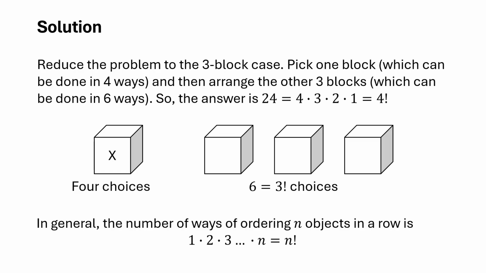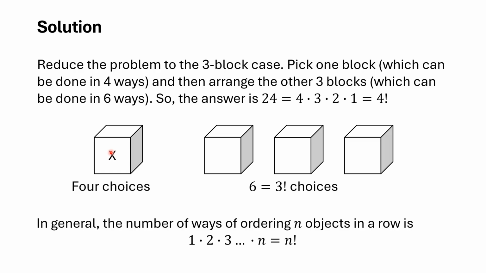So I mentioned on the previous slide, we can reduce the problem to the 3-block case. What we do is we take one block, let's say it's A, and then we have the other blocks B, C, and D, and we have 6 or 3 factorial ways to arrange those. And then we can take B and put that off to the side, and then arrange A, C, and D in 6 ways.